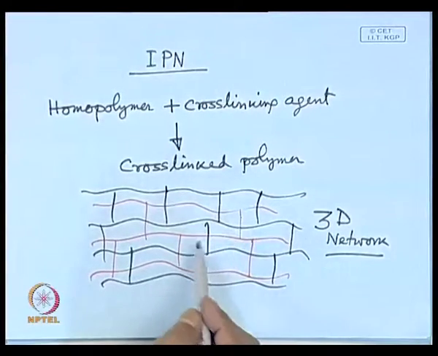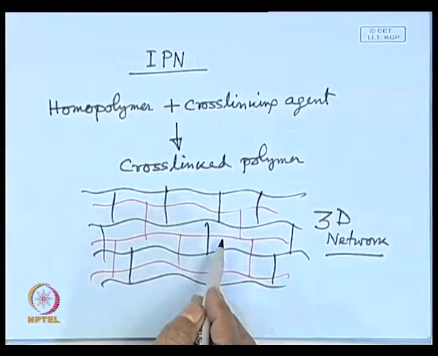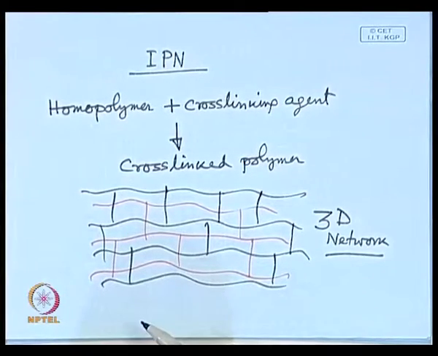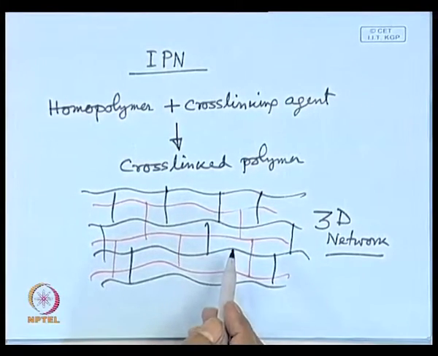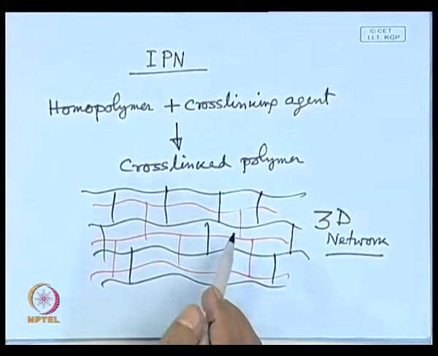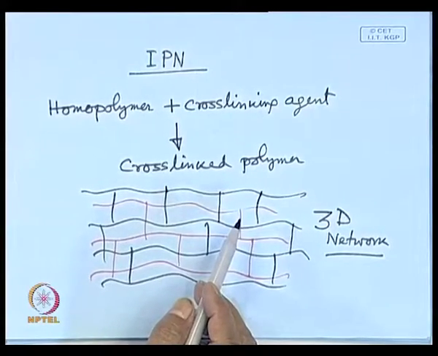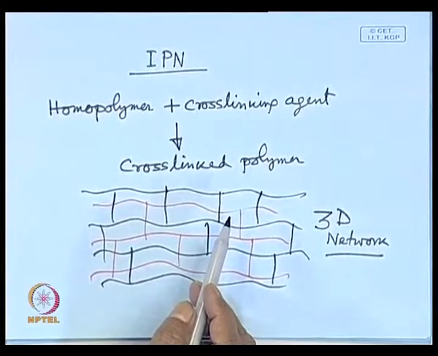In order to regulate its hydrophilicity, you introduce this red network which is hydrophobic in nature, making an IPN of hydrophilic and hydrophobic polymers. Can you not regulate the hydrophilicity and hydrophobicity that way?